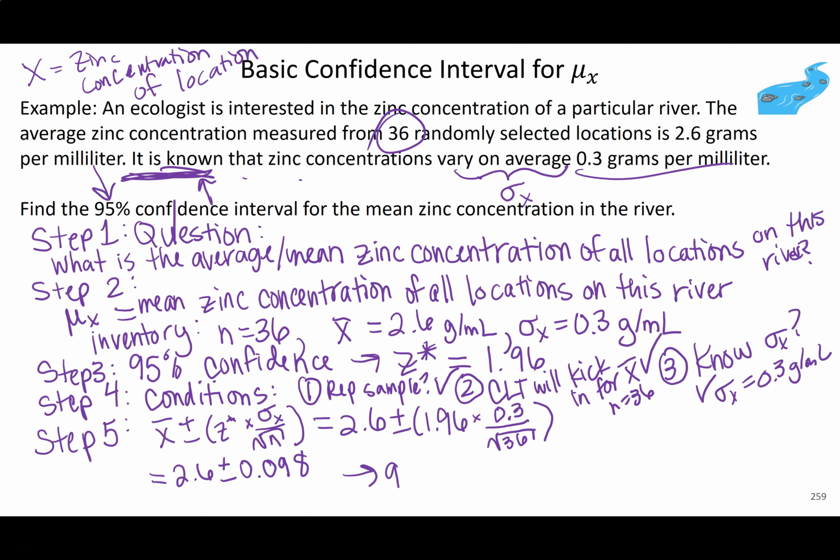So my 95% confidence interval for mu is going to be 2.502 grams per milliliter, because I need to include my units, to 2.698 grams per milliliter.